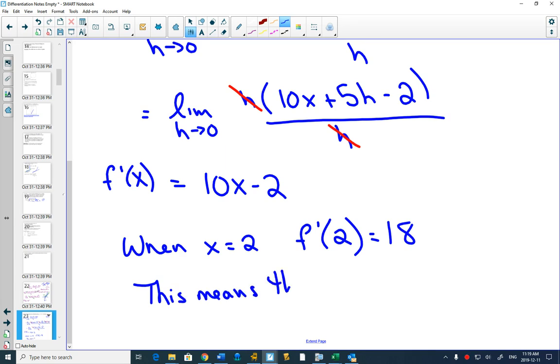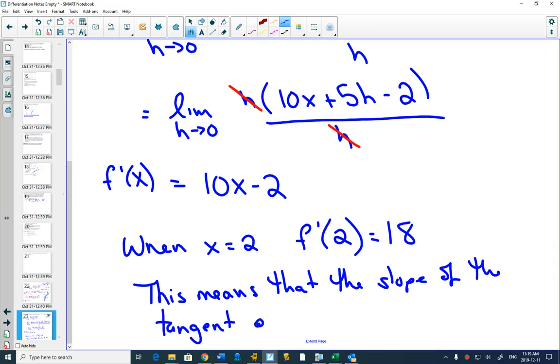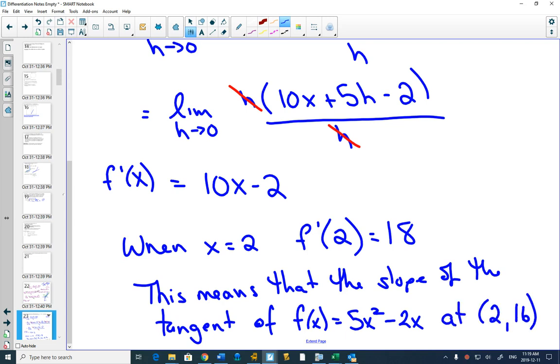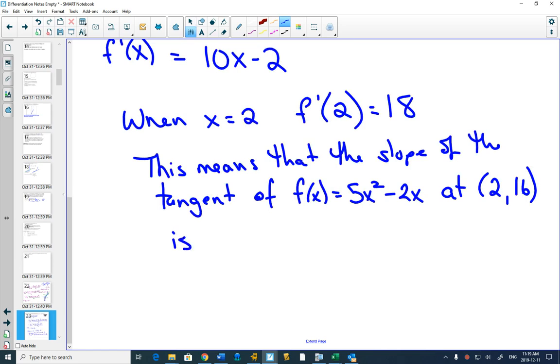This means that the slope of the tangent of f of x equals 5x squared minus 2x at the point 2, 16 is 18.